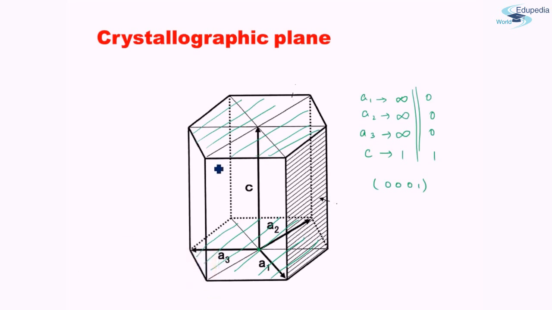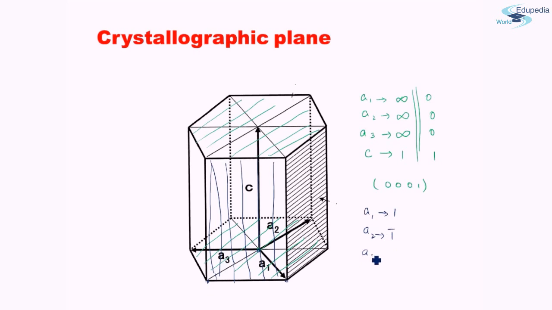Let's do this plane, right? This face plane, this front face. So for this front face, this is the origin, right? The front face is cutting A1 at 1 unit, isn't it? Here it is cutting 1 unit. It is cutting A2 at -1 unit. This is positive A2, so it is cutting A2 at -1 unit, bar 1 unit.